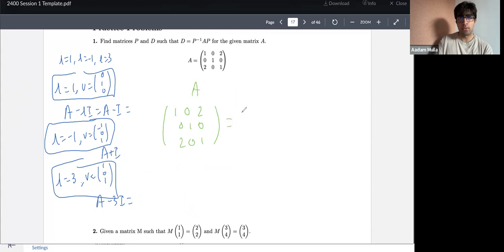A equals PDP inverse. So P is going to be the eigenvectors stacked in order. So we're going to do lambda equals 1 first, then lambda equals -1, then lambda equals 3. And then D, we need to do the order, right? Lambda equals 1 first, then lambda equals -1, then lambda equals 3. And D is going to be a diagonal matrix.